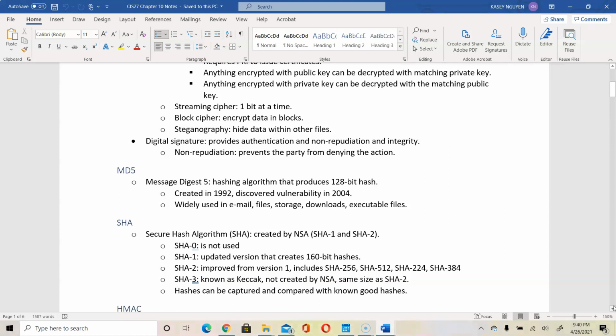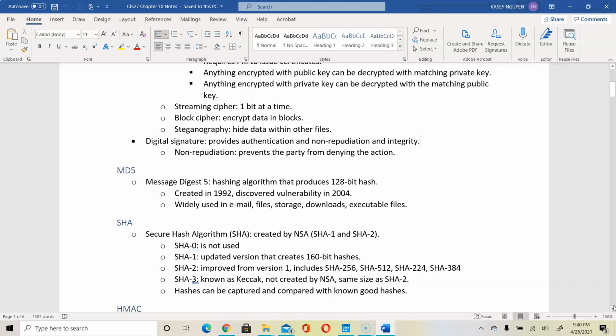It was not used. In version 1, what they did was they updated version 0 for use, and it creates 160-bit hashes. Version 2 of SHA is an improvement of version 1, and that can be 256 bit, 512 bits, 224 bits, or 384 bits.